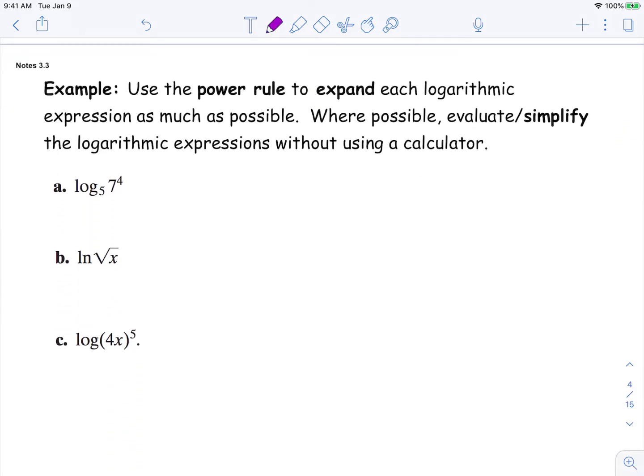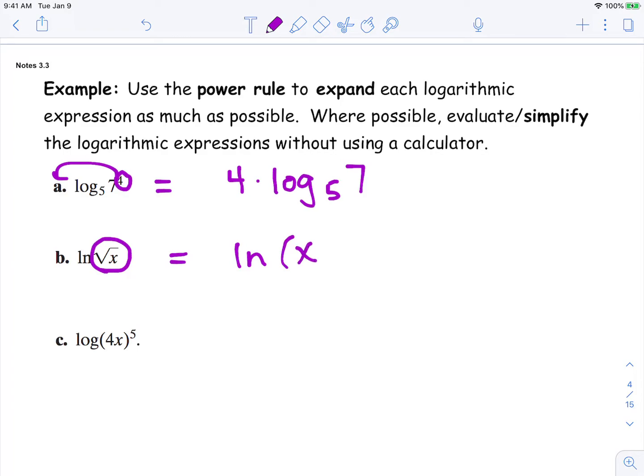Power rule. Power rule says we can take this power and bring it down in front. All right, this is not a power yet, but we can rewrite it as a fractional exponent. And now we can bring that 1/2 down in front.